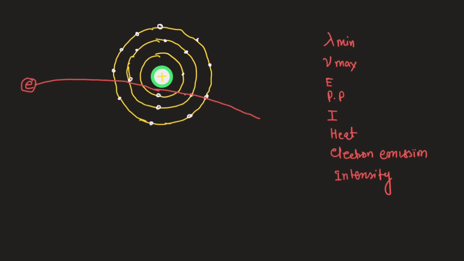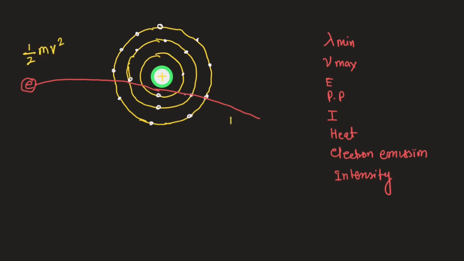So if you see the atomic structure of this metal, whatever metal we use, tungsten basically, there will be a nucleus and there will be so many electrons as well. Now if one electron comes and passes through this metal, what will happen? It will lose some energy. Let's say the energy at this point is half mv square.